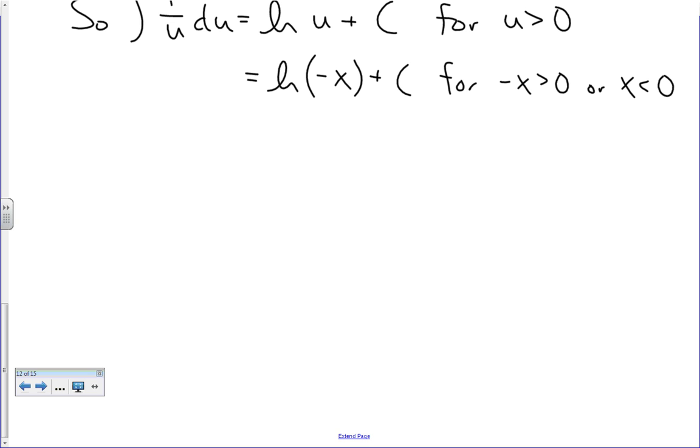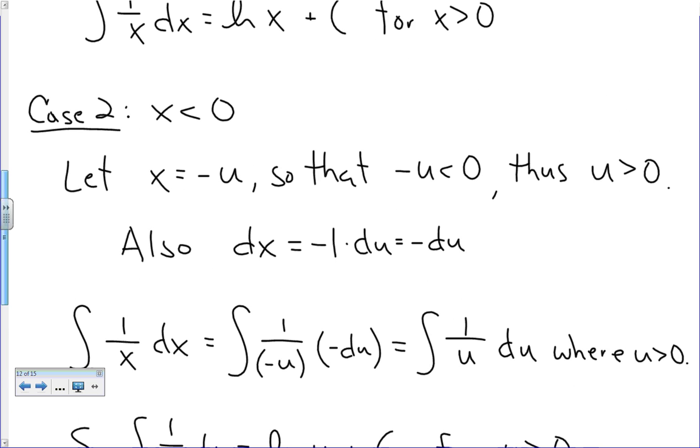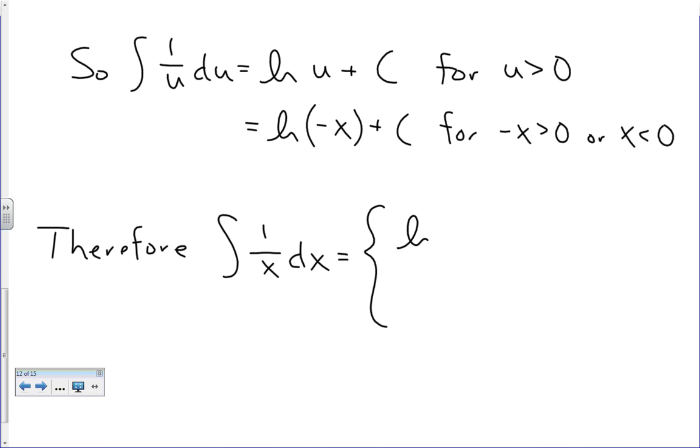What we just went through and found, we can say therefore, the integral of 1 over x dx, our reciprocal function, is equal to a piecewise function because I have two different domains that I'm working on here. In case 1, when x was greater than 0, we get the ln of x plus c, and that's if x is greater than 0.